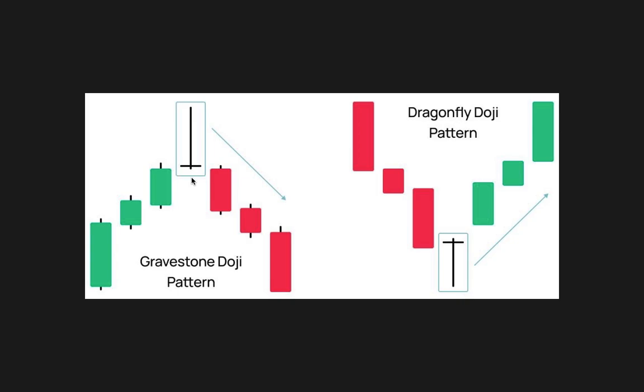When you spot a very long wick and no body, you should know that yes, this is the gravestone doji pattern. The market was moving up, maybe when it reached your resistance zone, then you see something like this developing. It has no body, so the next candlestick means indecision. You should wait for the next candlestick to open.